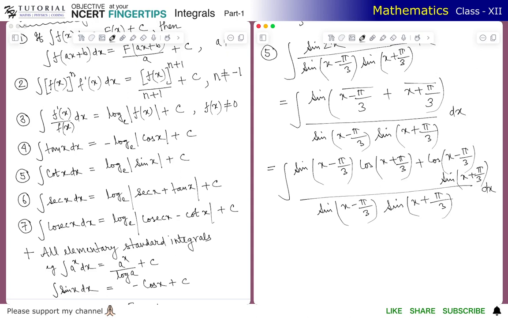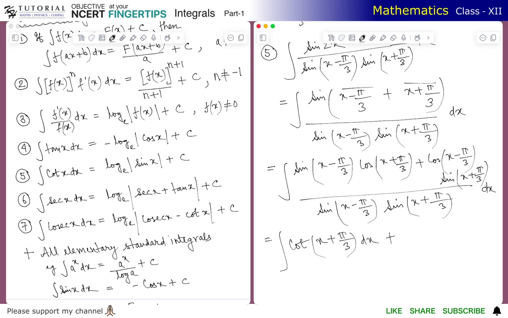If we split the numerator into two individual terms, from the first term, sin(x - pi/3) will cancel out, and we will get cos(x + pi/3) divided by sin(x + pi/3), which is cot(x + pi/3) dx.